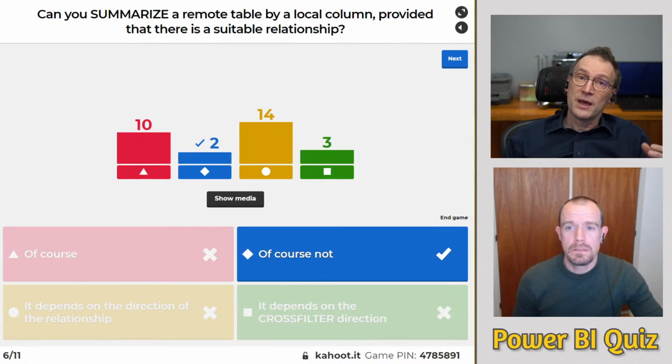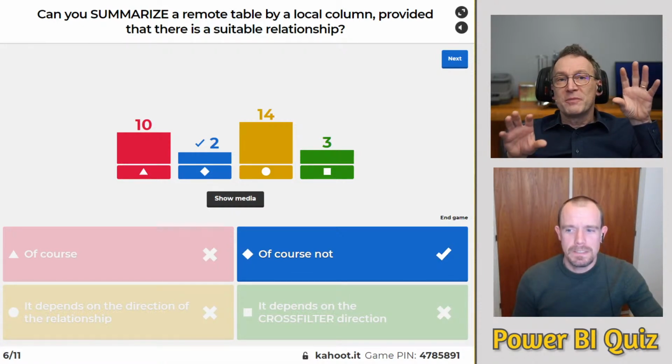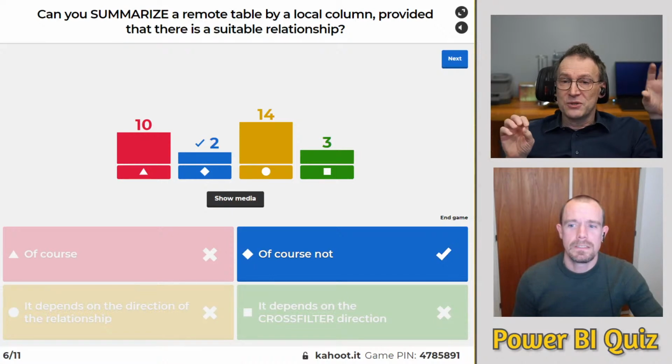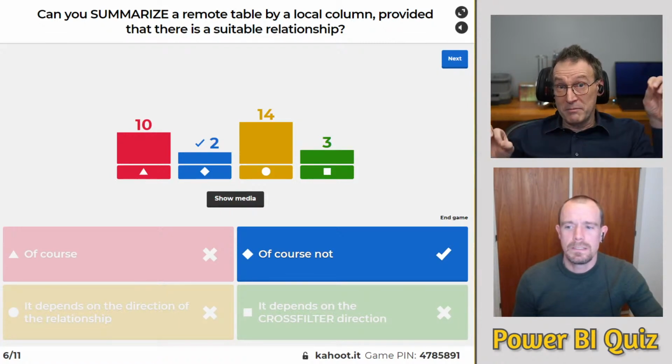I prefer to call them weak relationships. To me, it's much easier as a name. A weak relationship is a relationship that links data that sits in two different islands. So you have an island which is the Analysis Services, another island which is VertiPaq. You can build a relationship between these two tables, but you end up with a weak relationship.